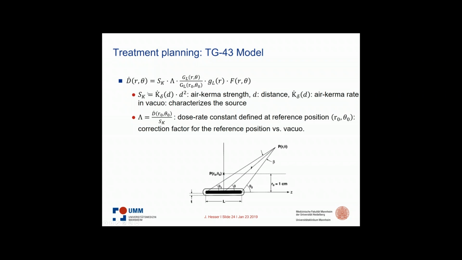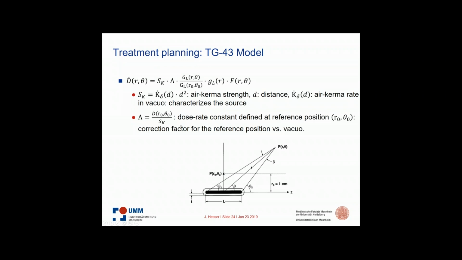This is the air kerma strength, based on the air kerma rate in vacuum, so with no material, for example in air, and this characterizes the source. It just compensates for the radiative drop with distance, so that we can assess the dose at a certain distance. Here we measure the air kerma rate at this position and relate it to the source, which is this point here.